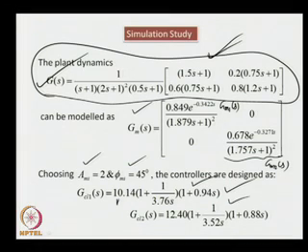So, we have got here KC1, this value is the TI1 and this is our TD1. Similarly, we have got KC2, TI2 and TD2.